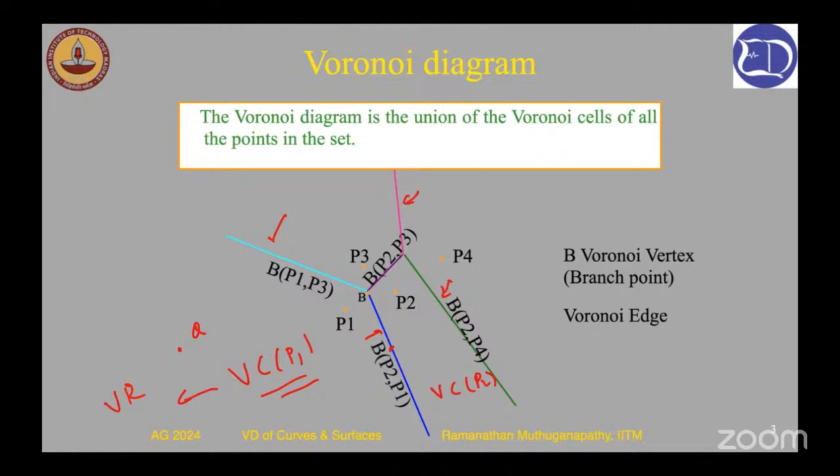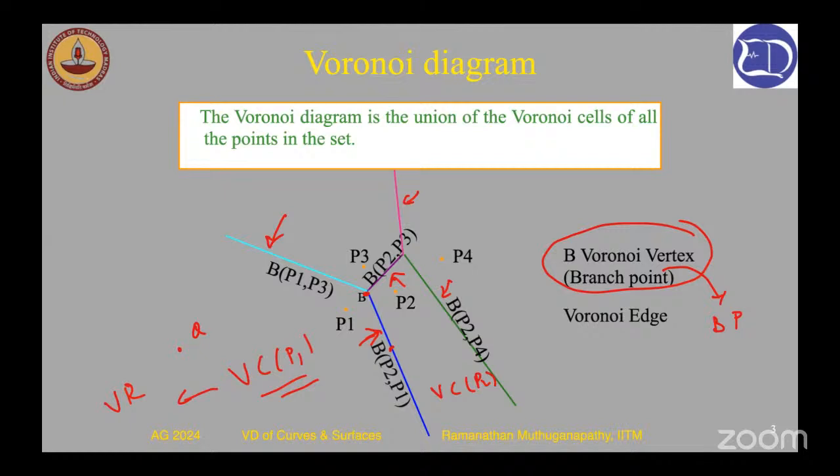And you can see there is a point called B here. There will be three Voronoi edges coming together at this particular point, which is called a Voronoi vertex. So point B is called a Voronoi vertex. We also use the term branch point as an alternate, but we'll stick to the terminology Voronoi vertex.